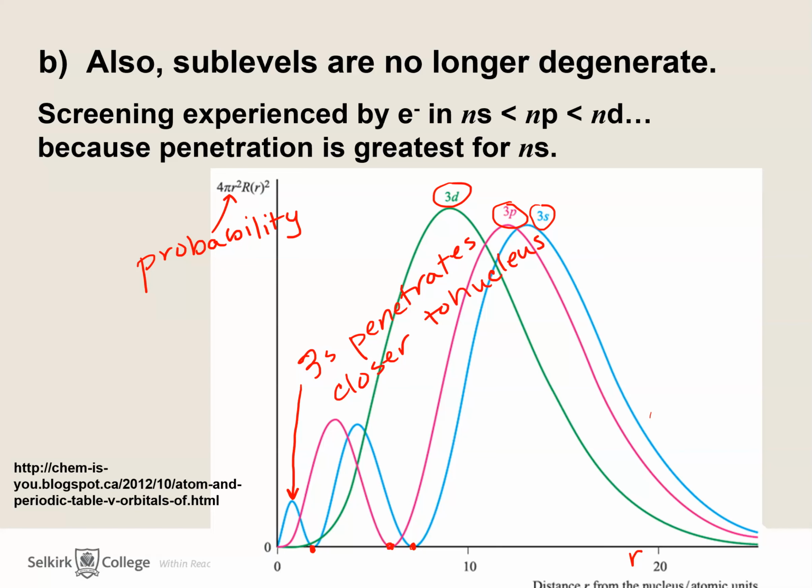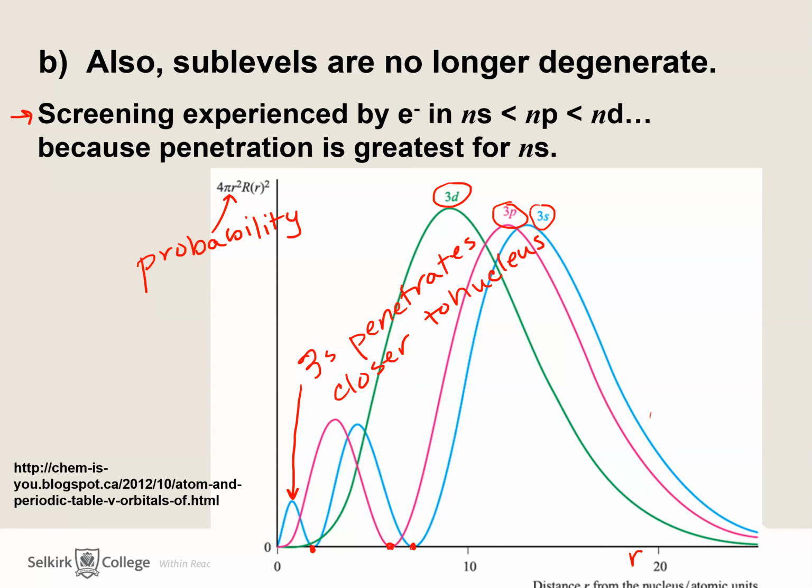So the electrons in the 3s will feel more pull than the electrons in the 3p. And that's what I'm trying to say up here in words. The screening experienced by the electrons. You remember we said that the inner electrons hide the outer electrons from the full pull of the nucleus. They hide it, they screen it.